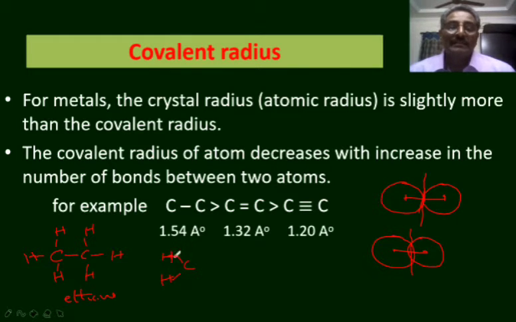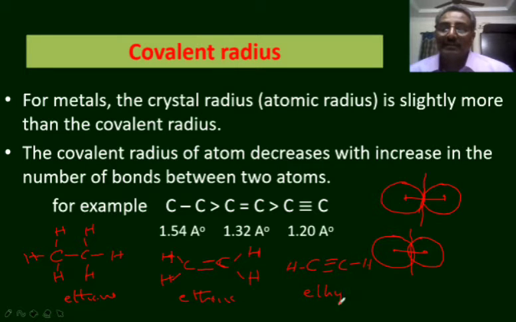In ethene, there exists a carbon-carbon double bond. In ethyne or acetylene, carbon-carbon triple bond exists.